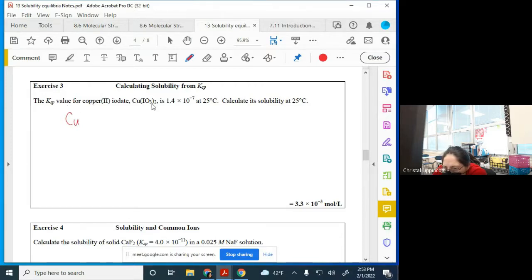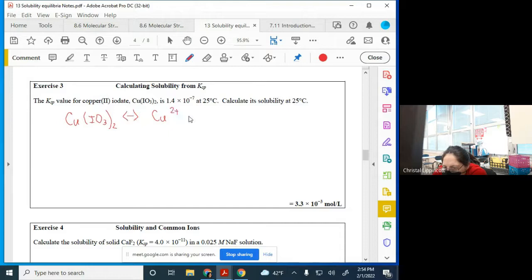Calculate the KSP value for this. No, this is the KSP value. Okay. So CuIO32 yields Cu, and that should actually be a two-way arrow. That's an ugly arrow, y'all. I'm sorry. There.